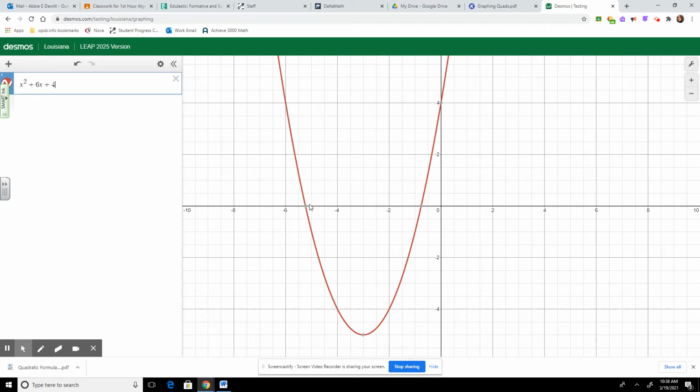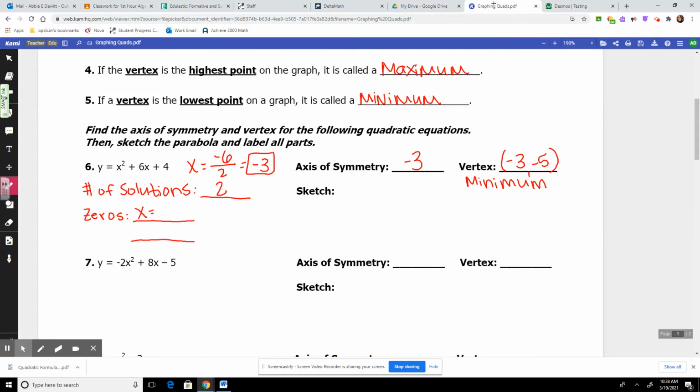And my 2 solutions, also known as zeros, are -5.236 and -0.764. So zeros are x equals -0.764 and x equals -5.236.